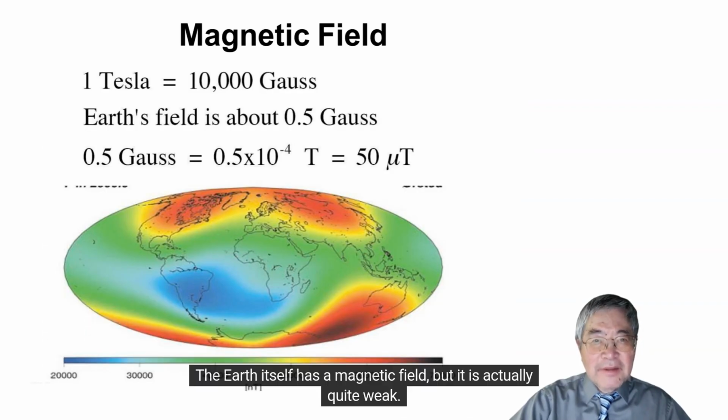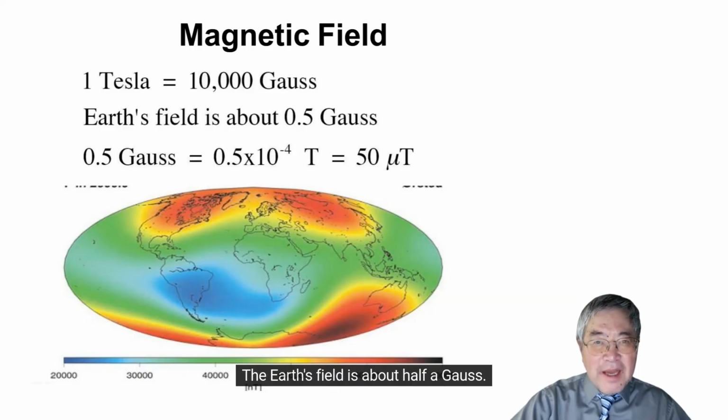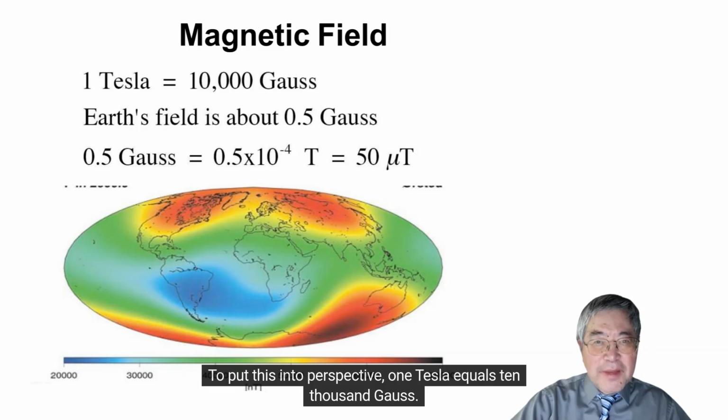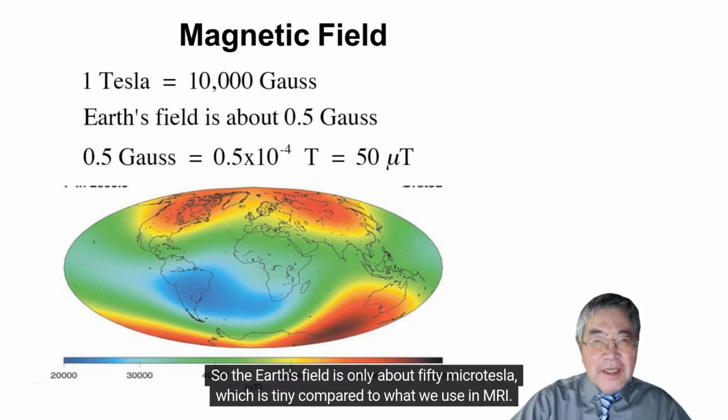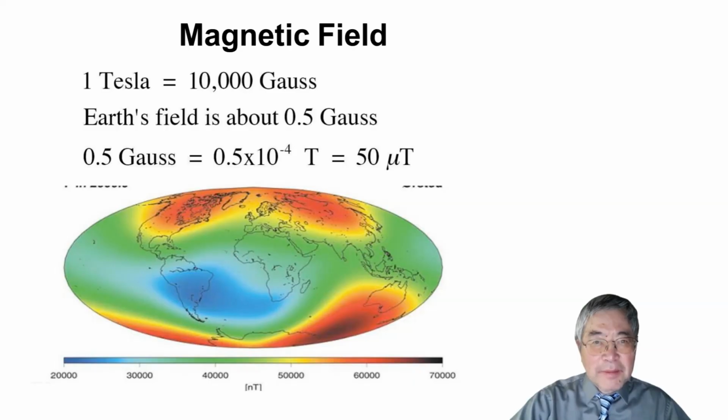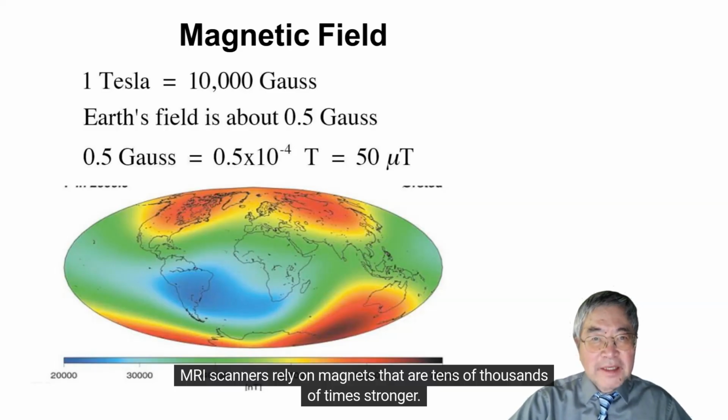The Earth itself has a magnetic field, but it is actually quite weak. The Earth's field is about half a Gauss. To put this into perspective, 1 Tesla equals 10,000 Gauss. So the Earth's field is only about 50 microtesla, which is tiny compared to what we use in MRI. MRI scanners rely on magnets that are tens of thousands of times stronger.